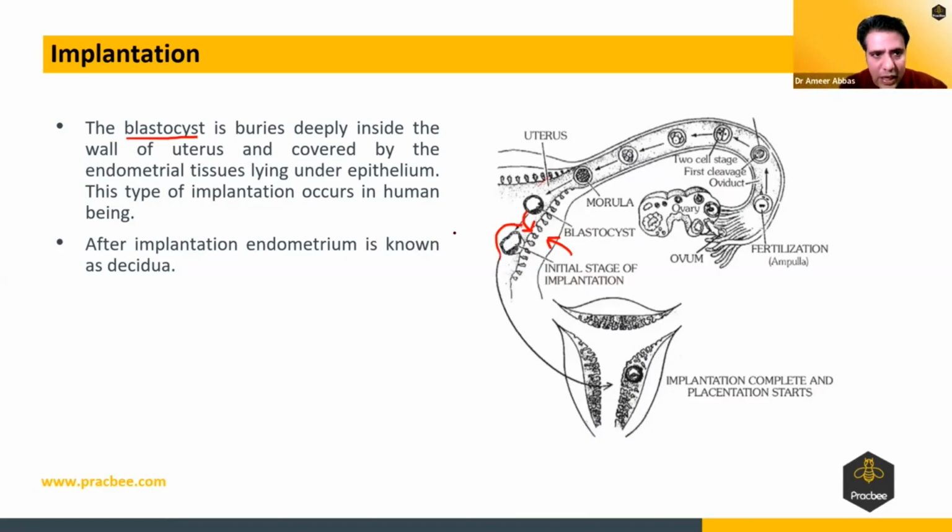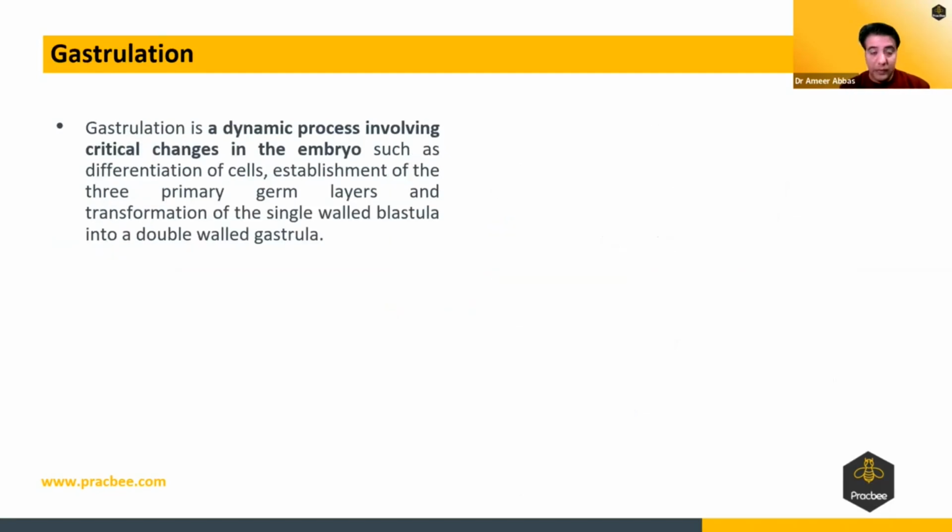So this type of implantation is seen in humans. After the implantation, this endometrium which has covered up, or the portion of endometrium that has taken the implantation, is known as decidua.